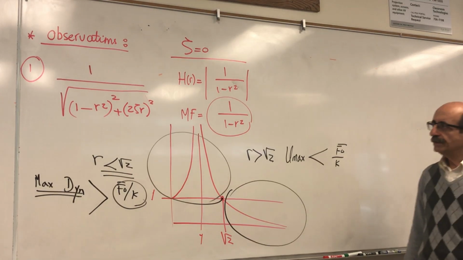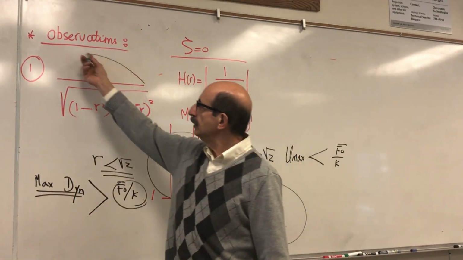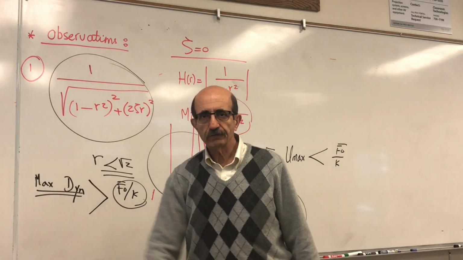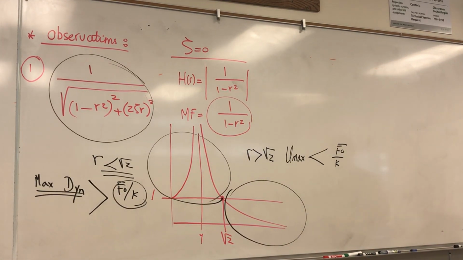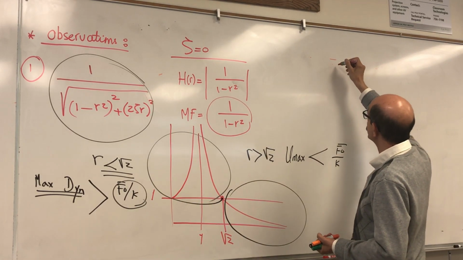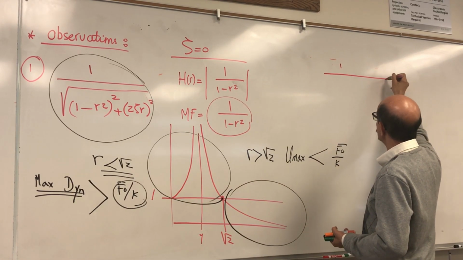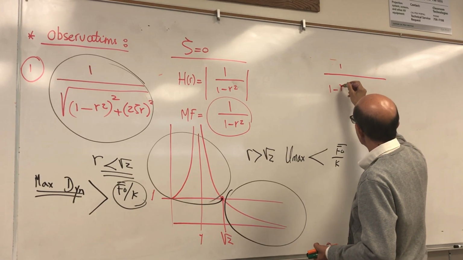But let's look at what we have here. In this case, this is our magnification factor. If you look at that, the corresponding frequency response function would be a function like this.